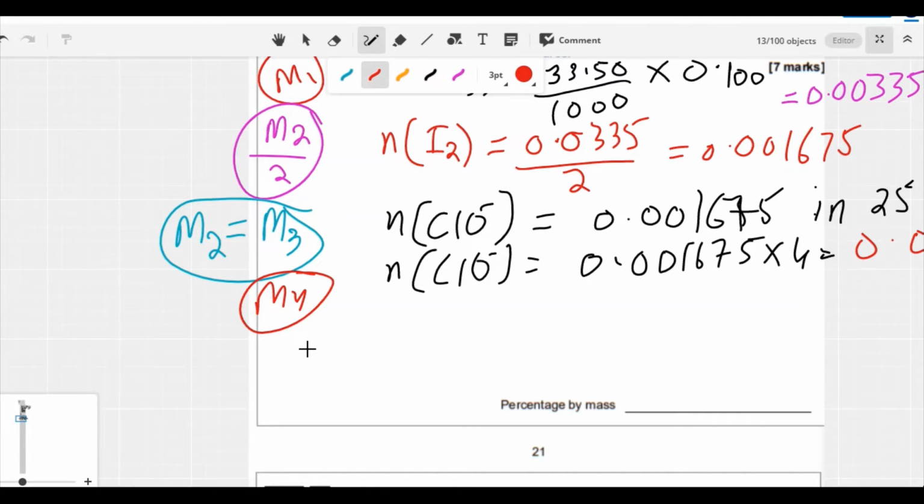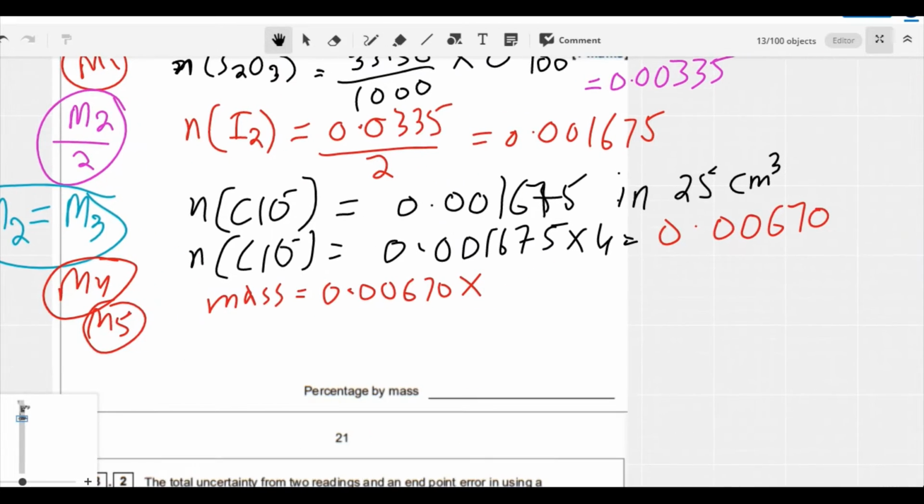Okay, so here M5, I am going to indicate M5, that we have to find the mass. So mass is equal to moles, that is 0.00670, times the molar mass of NaClO, the sodium chlorate, which is 74.5.